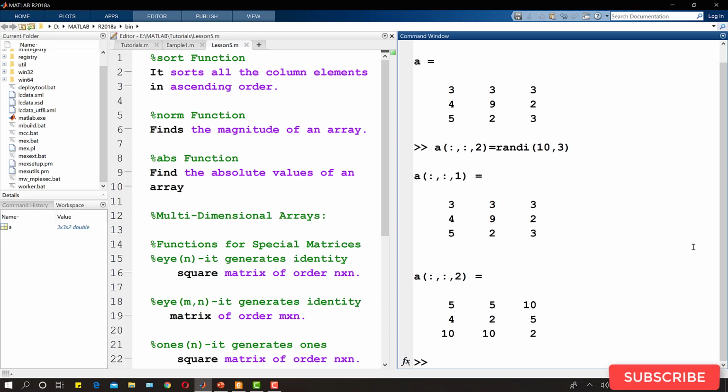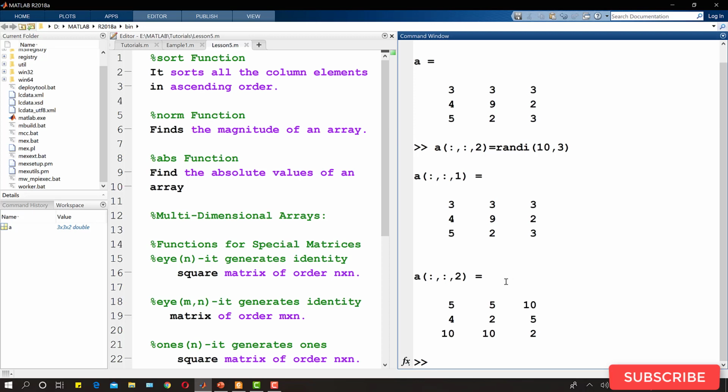So now as we can see, what is the result? The result is like this: A, all rows, all columns, and this is the one dimension. This is the first page, and then A, all rows, all columns, and this is the second page. Now if I want to access this 5, which is on the second page, how can I access it?